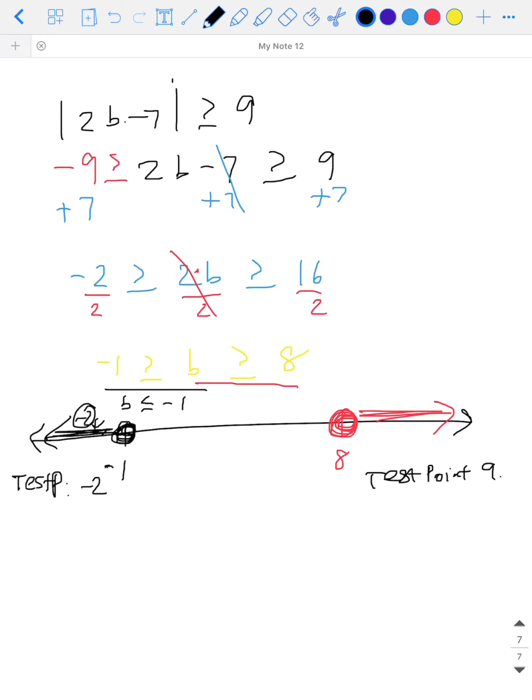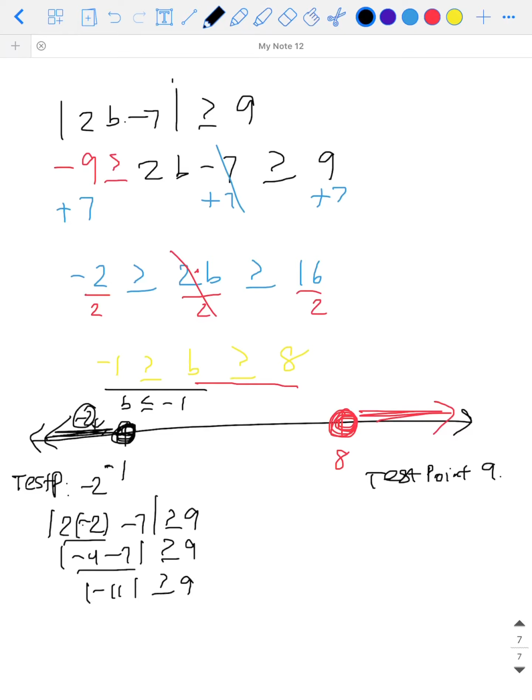We want to make sure that our answers are indeed the correct answers. 2 times -2 minus 7 is greater than or equal to 9. 2 times -2 is -4. -4 minus 7, -11. Absolute value of -11 is 11, which is indeed greater than or equal to 9.